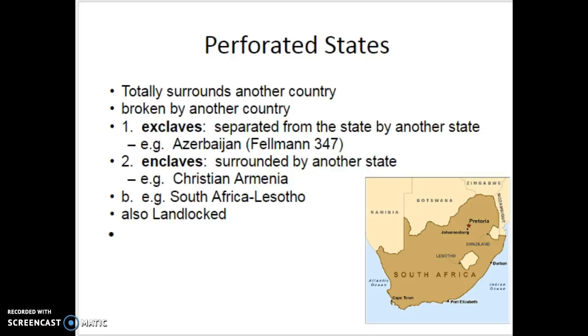Now, as part of our discussion of perforated states, we can also introduce what are exclaves versus enclaves. Exclaves are separated from a state by another state, versus enclaves, where again we're looking at the example of South Africa. So just some more vocabulary to make sure it's a little more precise.